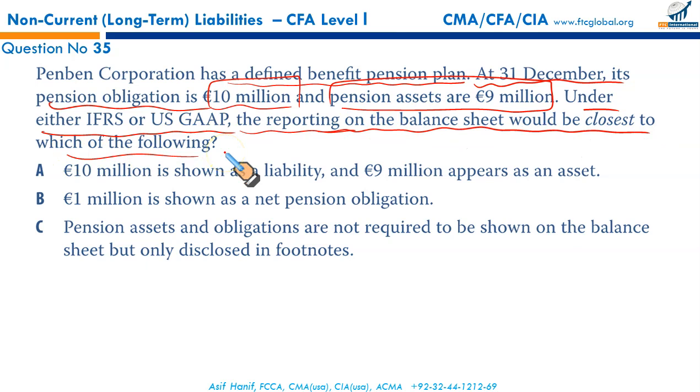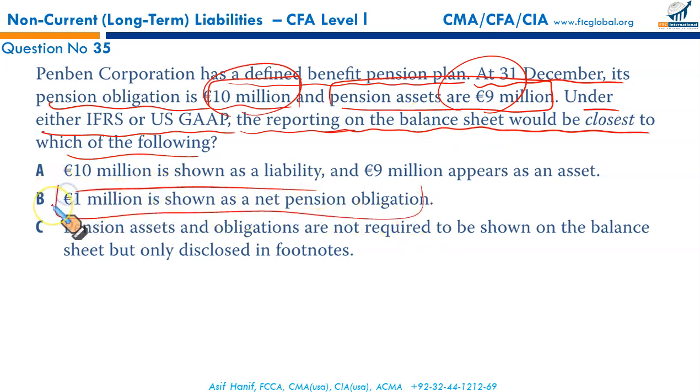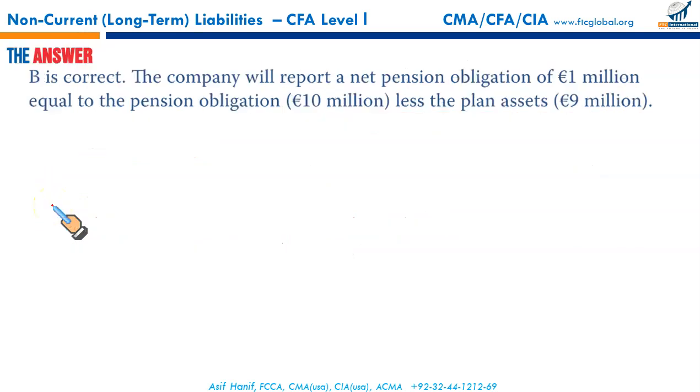If you remember, we compare the obligations with the assets. The difference would either be a net pension liability or a net pension asset. Since our obligations are more than the assets by 1 million euros, it has to be reported as a liability. It's a net pension obligation of 1 million euros, so that makes B our correct option.